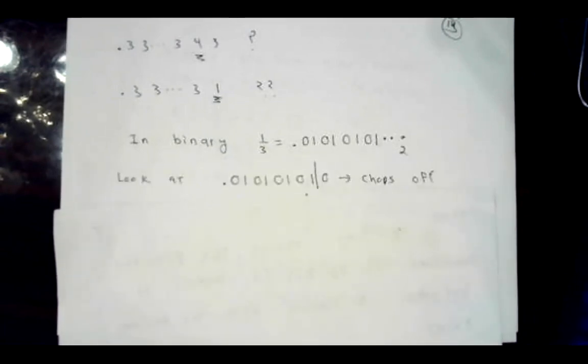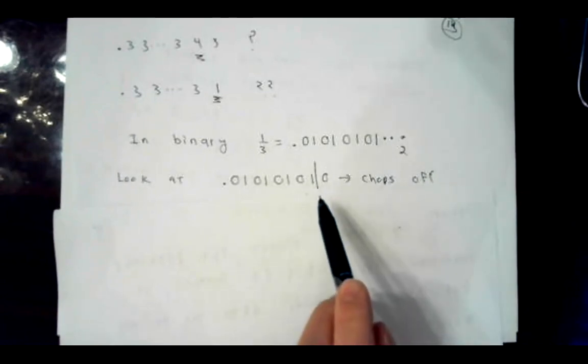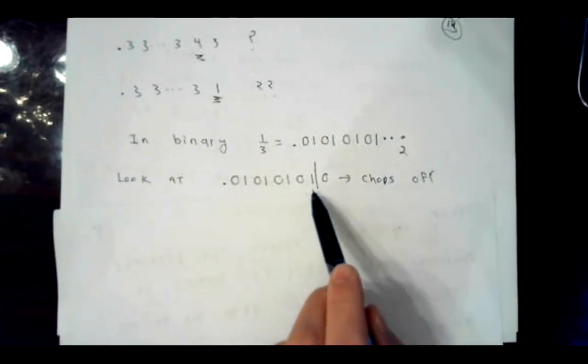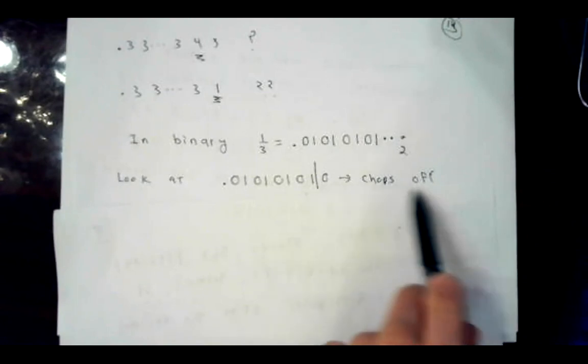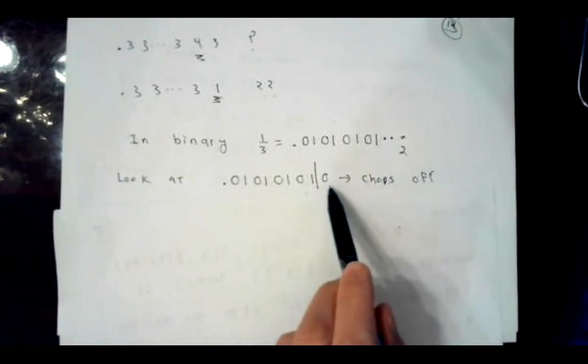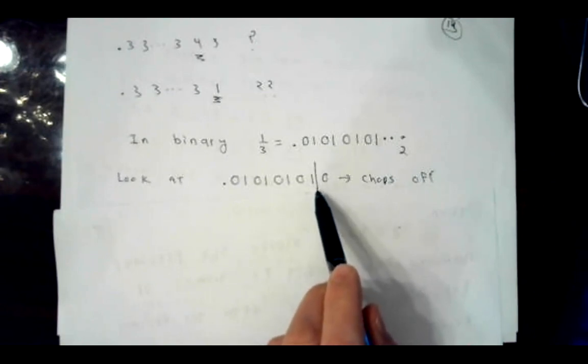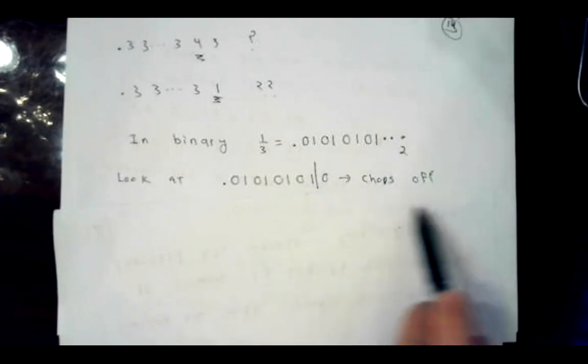We only have so many bits to store. So what if you're going to have to round this, and the last digit that you know for sure that you're going to include is that one? The next one would be 0, and then there would be 1010, and so on.